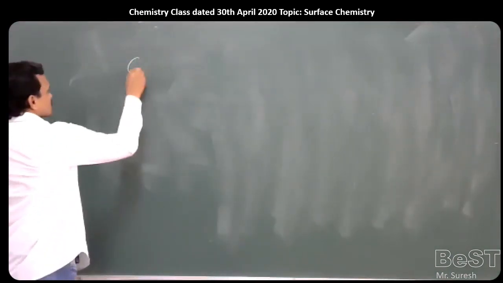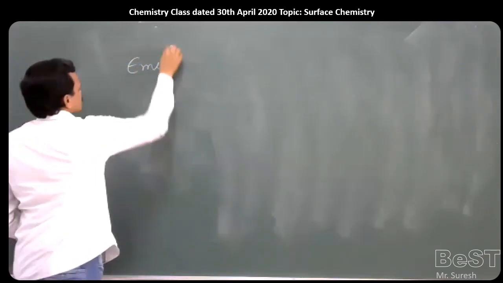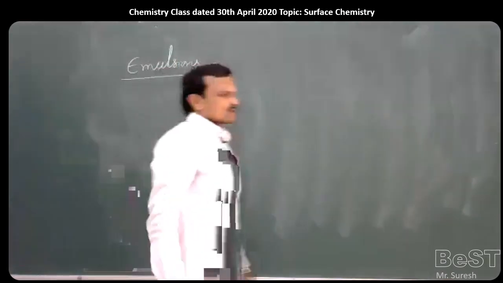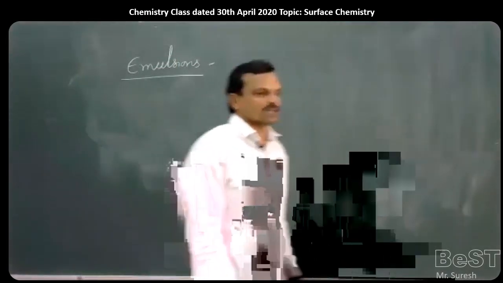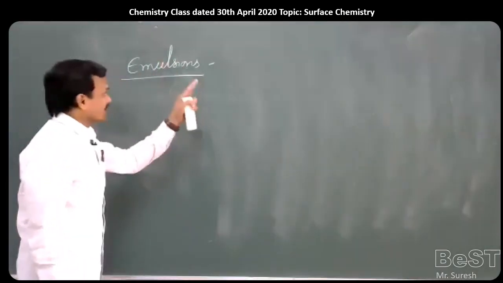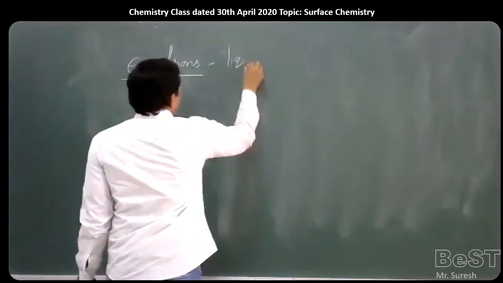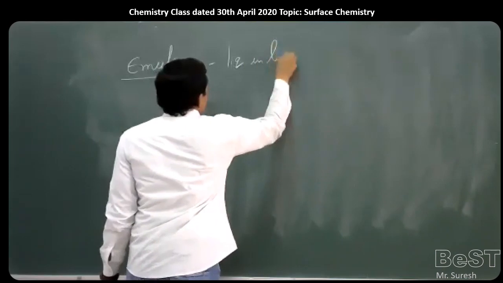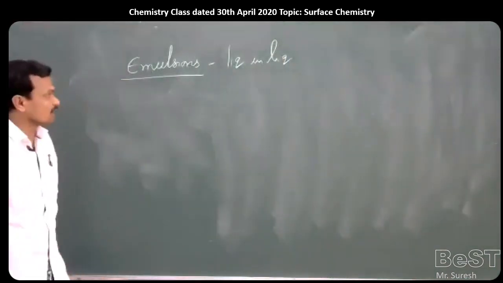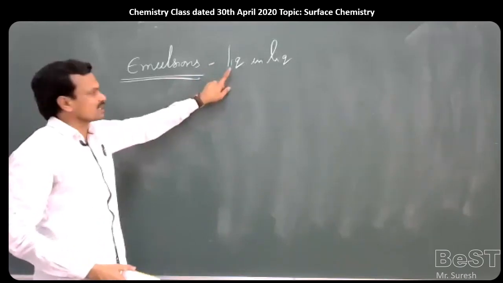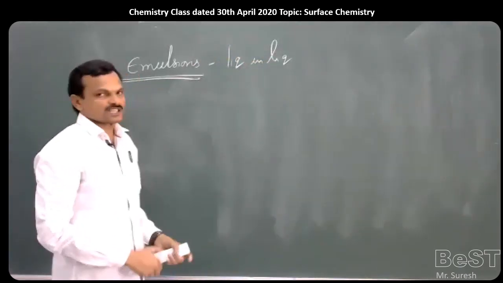Now, come to one more topic, emulsions. Emulsions are colloidal solutions in which a liquid is dispersed in another liquid. So this is a liquid in liquid type colloidal solution. A liquid dispersed phase is dispersed in another liquid dispersion medium.